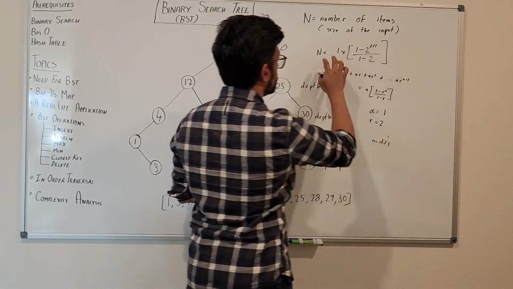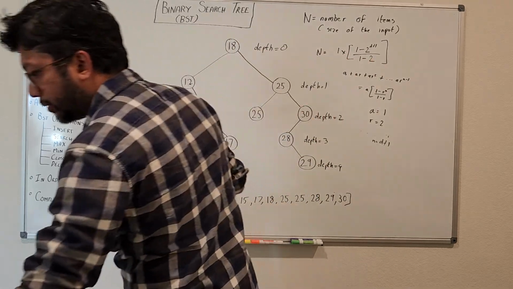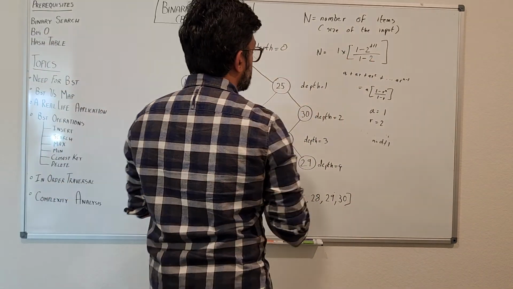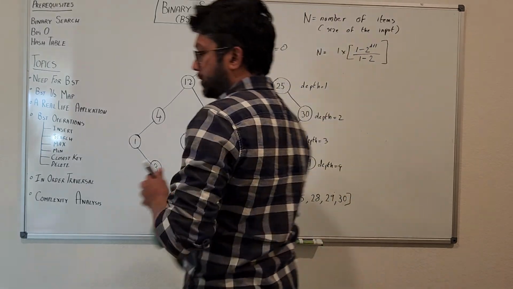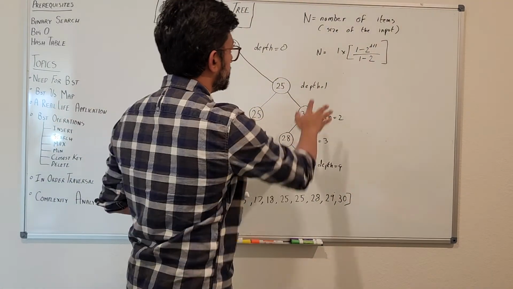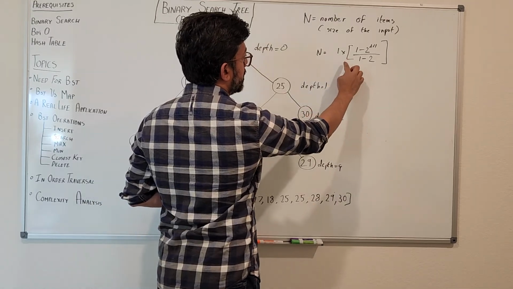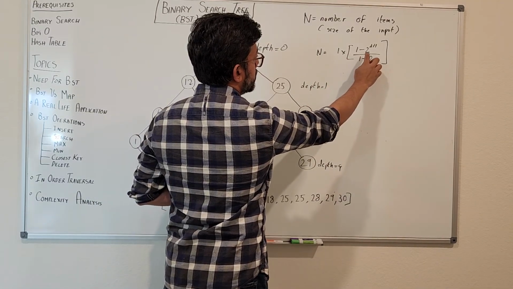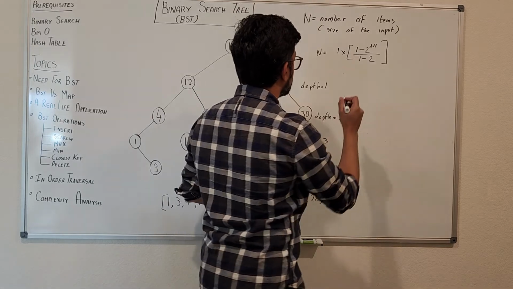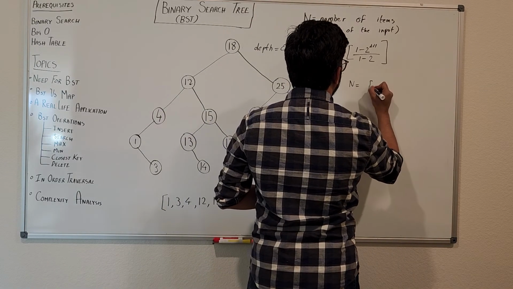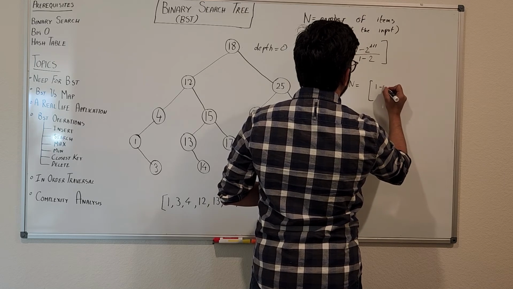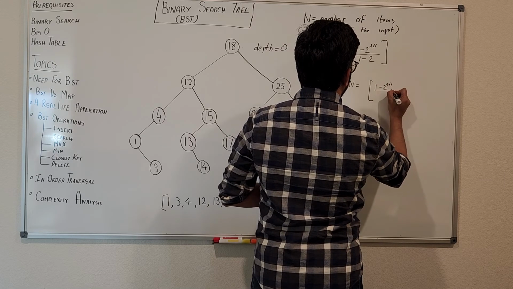So this is how, using a geometric series, my equation comes out. Now if I solve this further, this is what I have right now: n is equal to 1 multiplied by 1 minus 2 raised to d plus 1 over 1 minus 2. So this comes out to n is equal to 1 minus 2 raised to d plus 1 over minus 1.